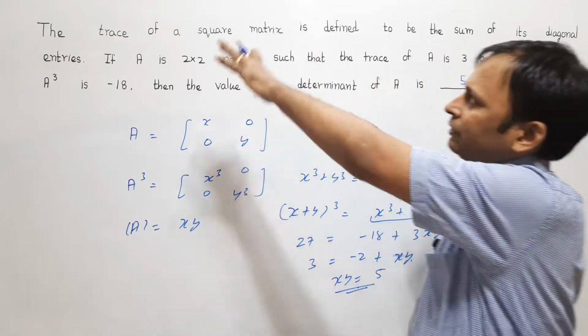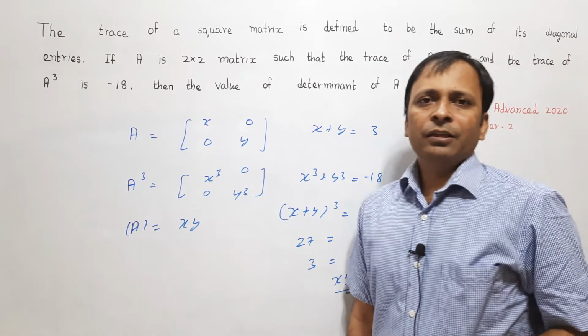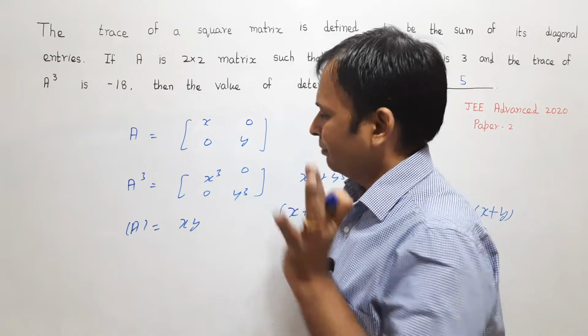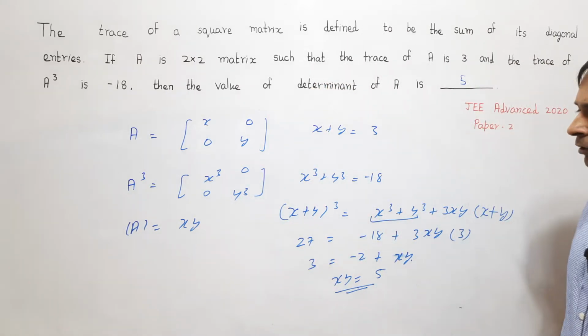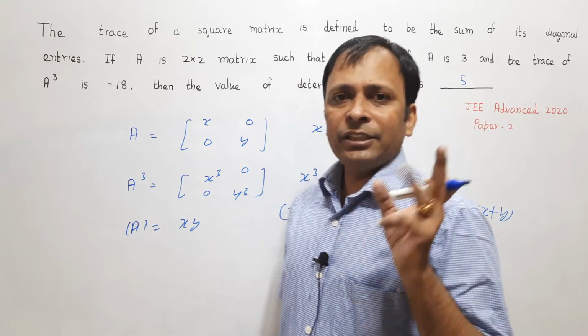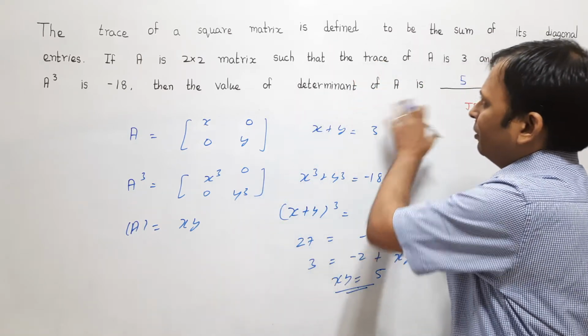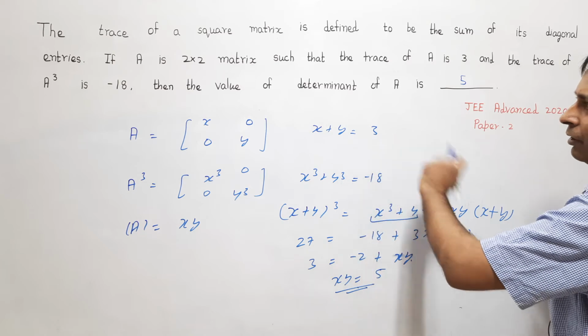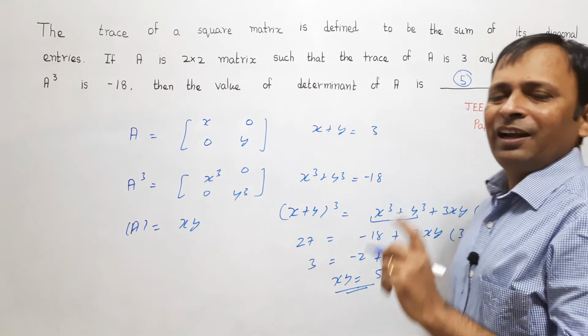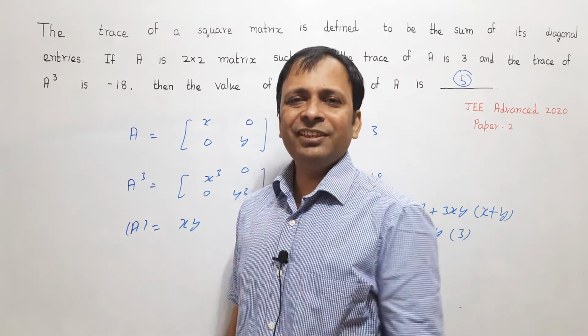He has not written anywhere in this question that the matrix has real entries, so it can be imaginary also. But the answer you get is independent of the values of x and y. The x into y product will always be equal to 5, which is what he is asking for in this particular question.